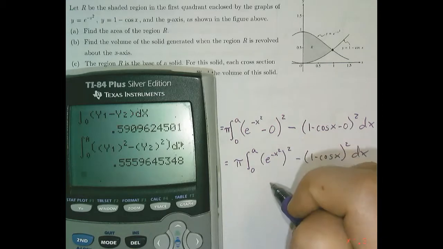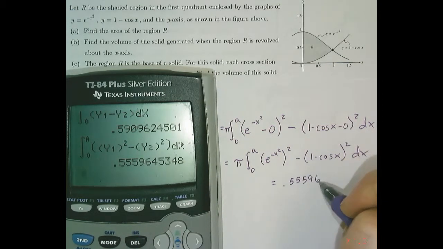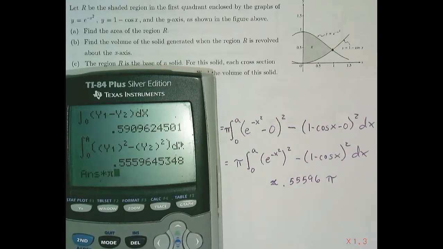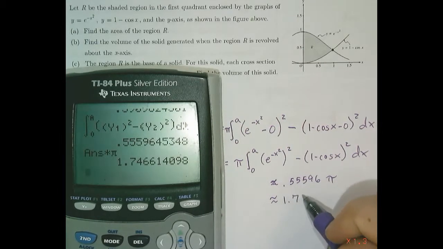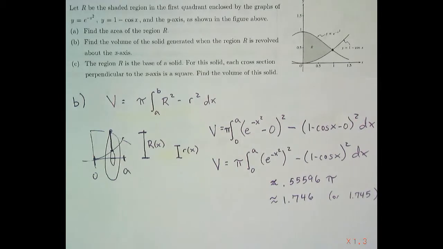So this is equal to 0.55596 pi, approximately. And if we multiply that on the calculator, we get an answer of approximately 1.746, or 1.745 if you're rounding. And that's the final volume of revolution.